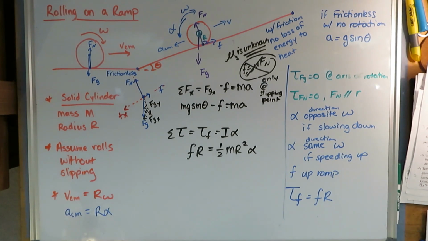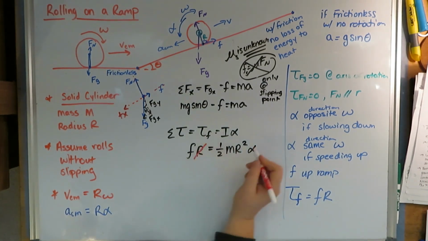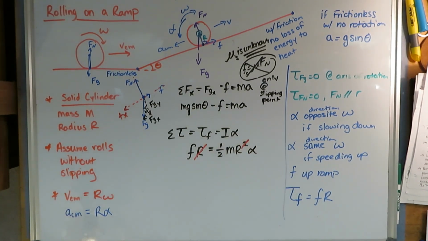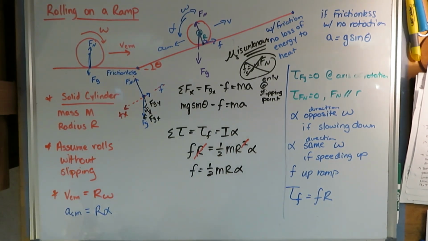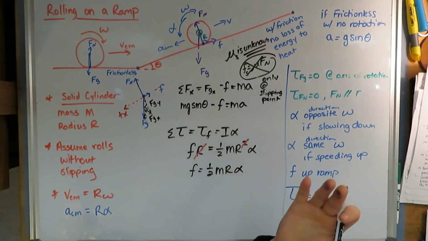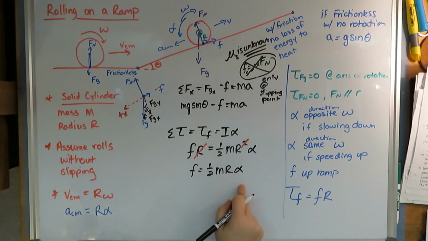So the first thing I notice is I do lose one of the r's from this equation. So I find that my friction force is equal to 1/2 mr alpha. So I can actually sub in to my friction. But now what I've done is I've actually subbed in another unknown because alpha is now unknown. But I can always use this, that my linear acceleration is equal to r times alpha.